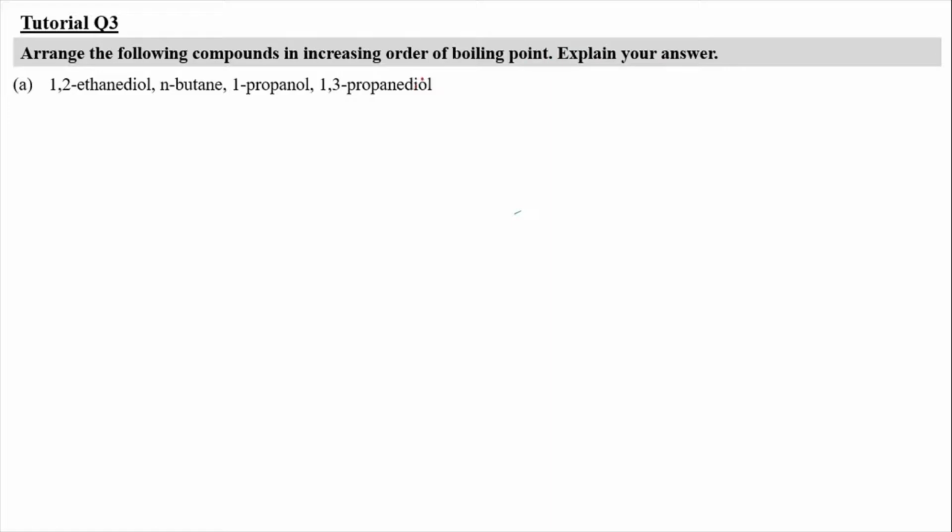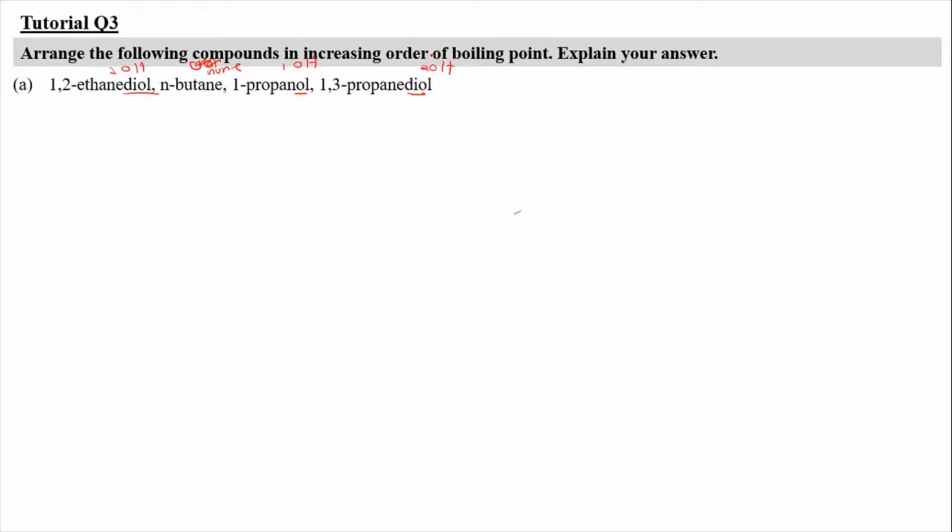From the names, a diol has 2 OH groups, propanol has 1 OH group, butane has 0 OH groups, and ethanediol has 2 OH groups. So maybe the first factor here is the presence of hydrogen bonding because of the OH group.